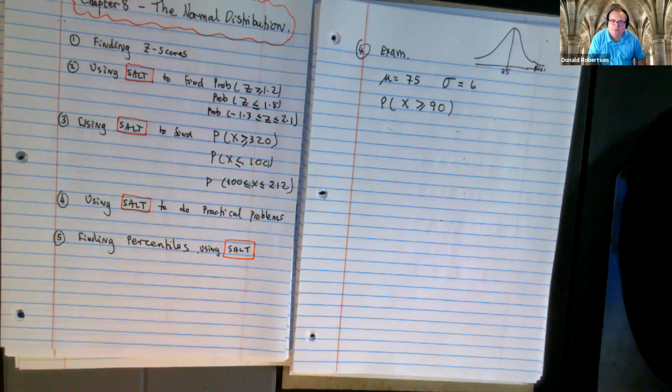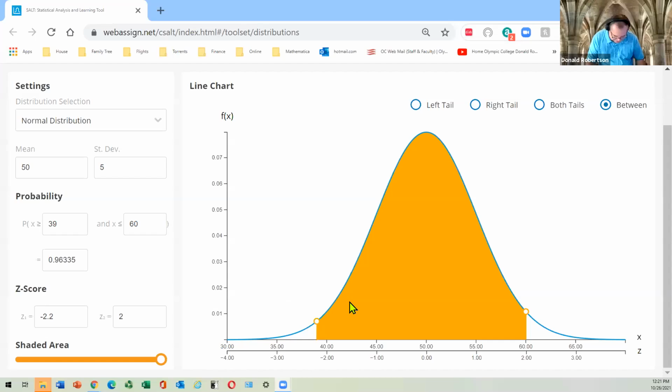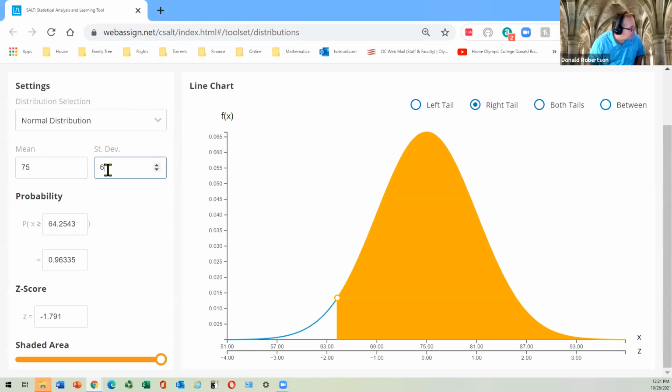So what you do is you nip over to the website. And I want to know greater than, and the mean in my class was 75, and the standard deviation for my class was 6.